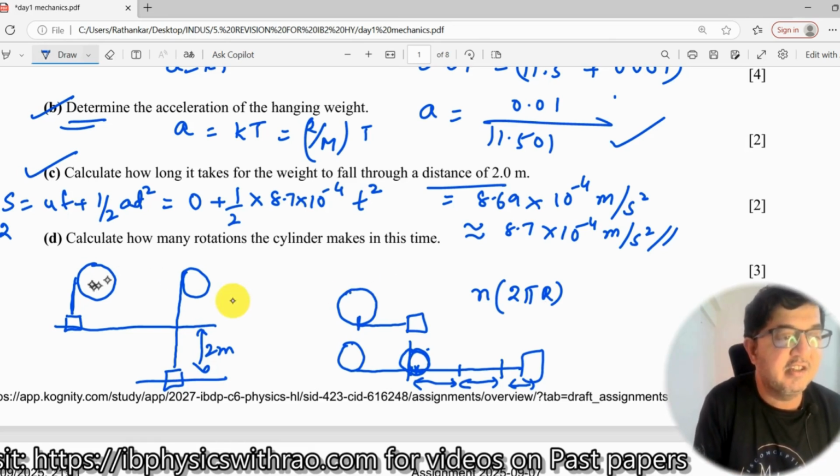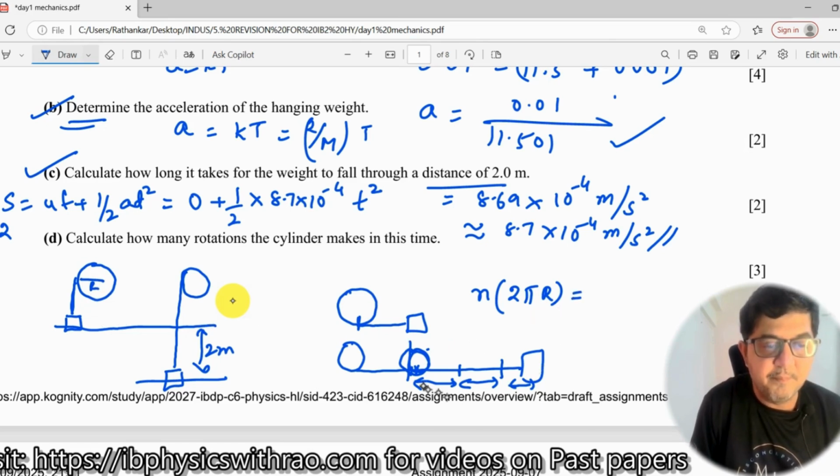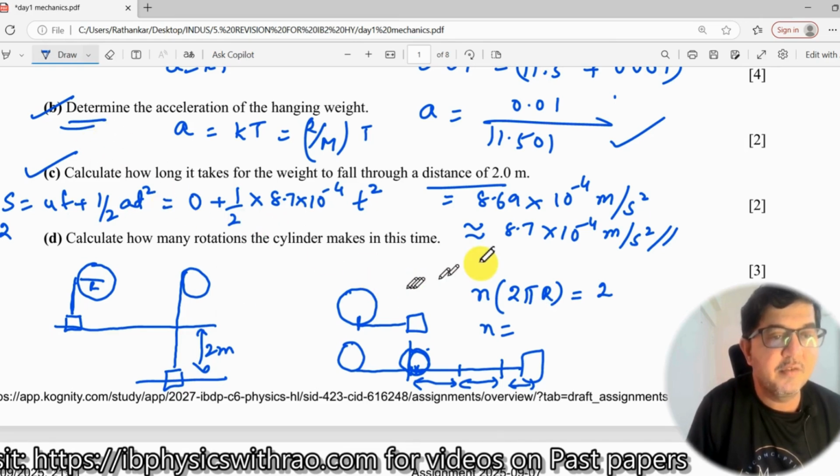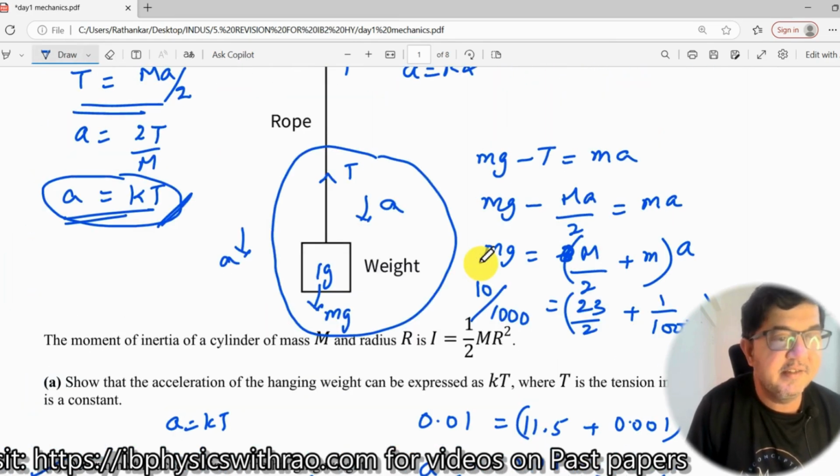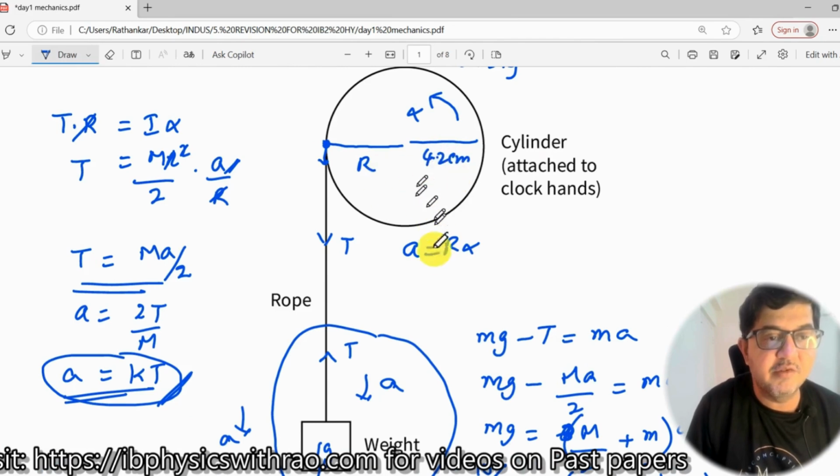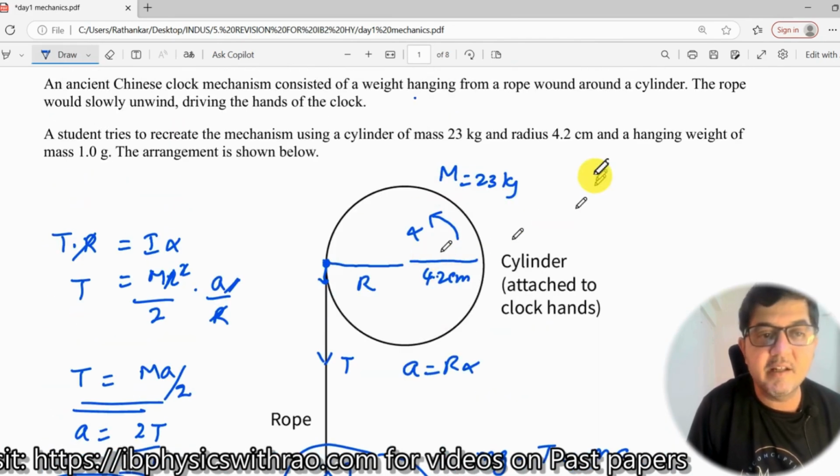The cylinder that we have here, right? The distance rolled should now be equal to the distance the thread has moved. What is the distance the thread has moved? 2 meters over here. So n should now be equal to, what's the value of r? Value of r is, I wrote it somewhere, 42 centimeters, right? Am I correct? No, sorry, not 42, 4.2 centimeters. This is what happens when we do not write properly.